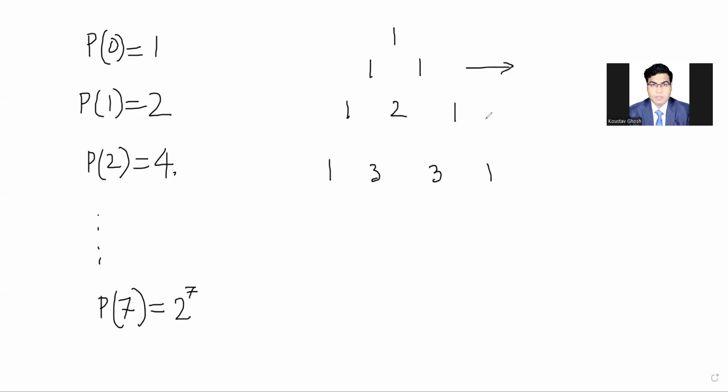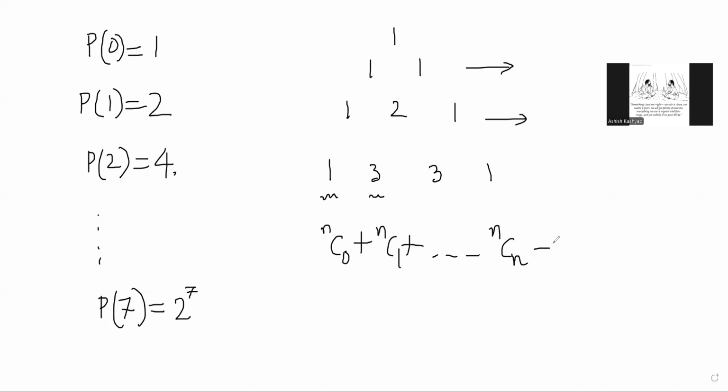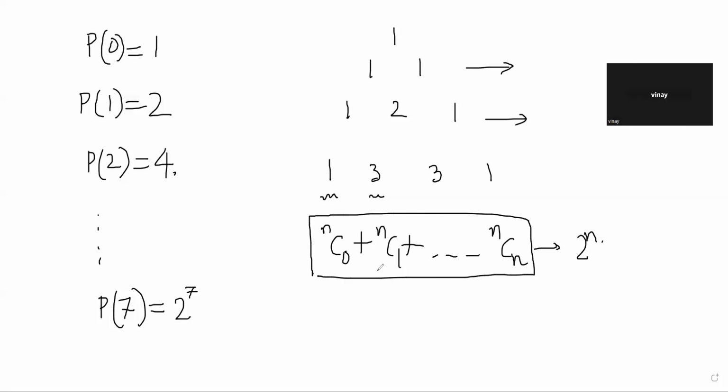The sum of each row in Pascal's triangle is a power of 2. So that gives us the hint that maybe if I take NC0 plus NC1 till NCN, I will get 2 power n, right? Yes. So if this was my polynomial in n, I need to ensure that it doesn't satisfy for n is equal to 8, it should not fit, right?